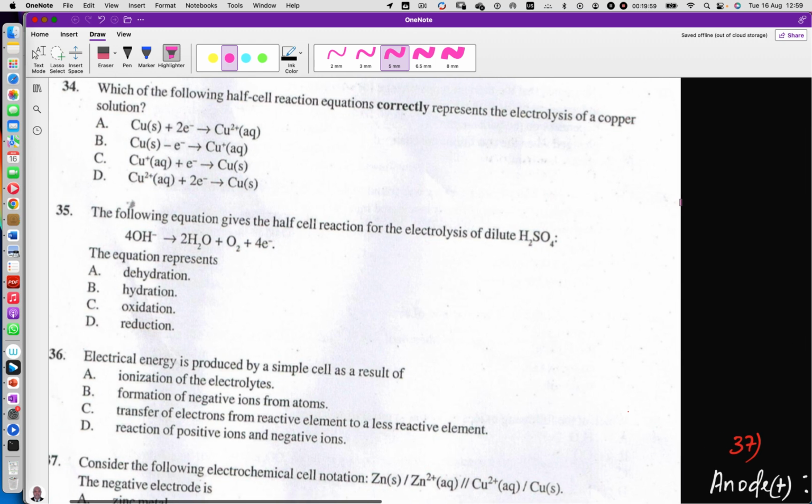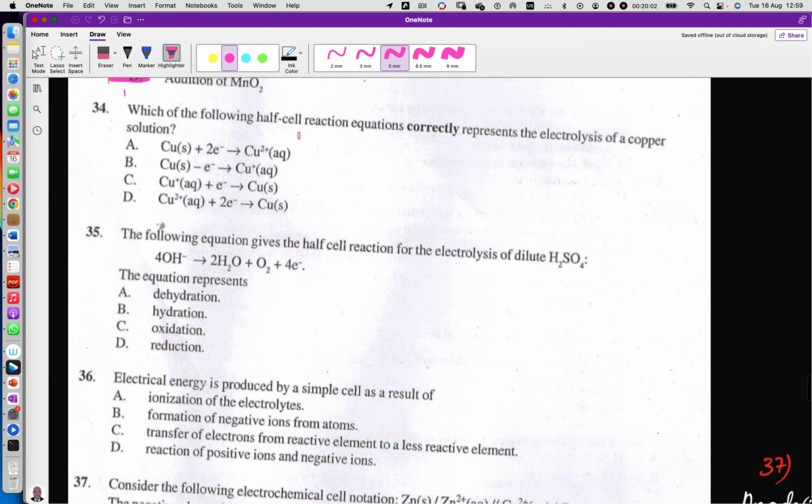Which of the following half-cell equations correctly represents the electrolysis of a copper solution? Copper plus 2 electrons to give copper 2+ is not possible, because in solution it was initially 2+, so it needs to gain back 2 electrons. So A is not appropriate. B, copper solid giving out an electron to form copper 1+, is not possible. The most stable form of copper is copper 2+, so copper 1+ is not good.